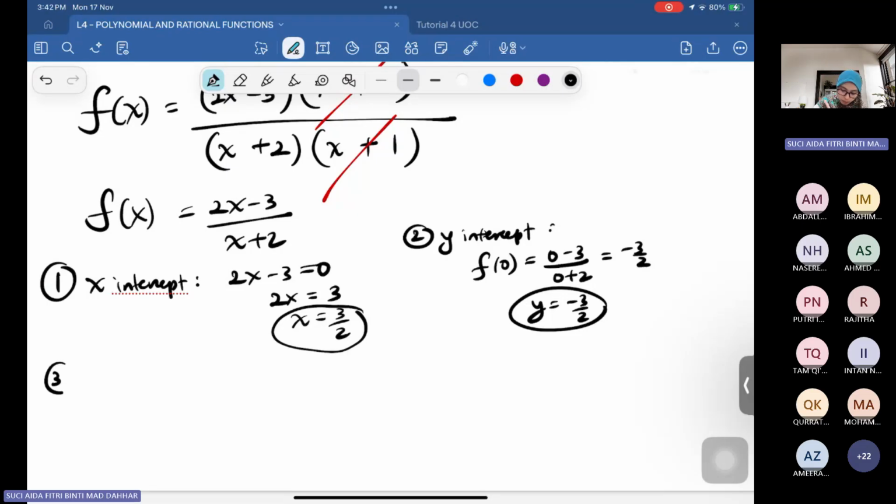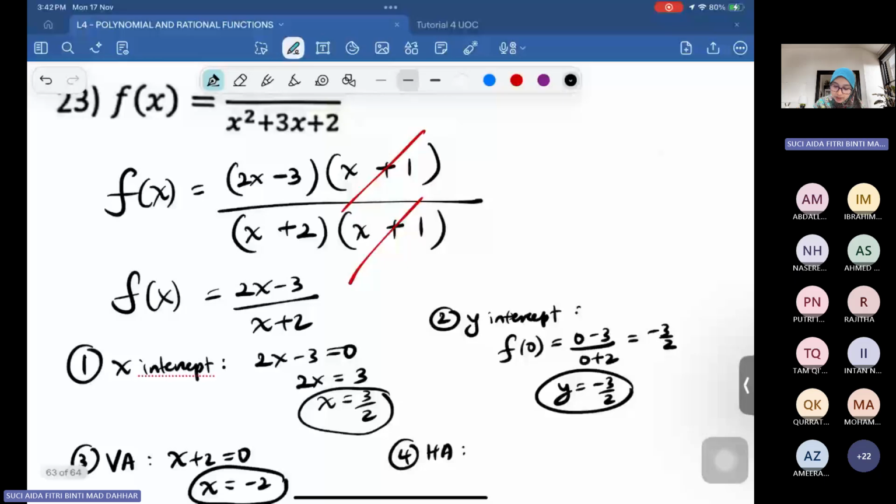Next, step number 3, we need the vertical asymptote. Vertical asymptote is found by taking the denominator equals to 0. So your x is equal to negative 2. So you have one vertical asymptote at negative 2. And for step number 4, horizontal asymptote, now we compare the power.